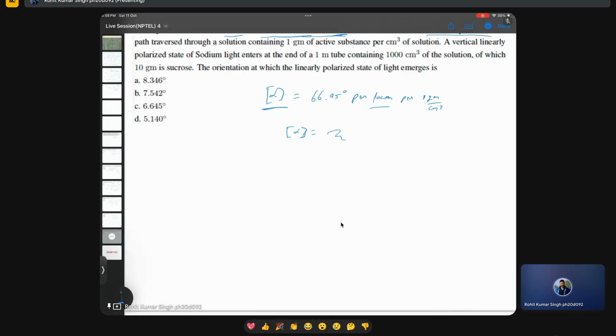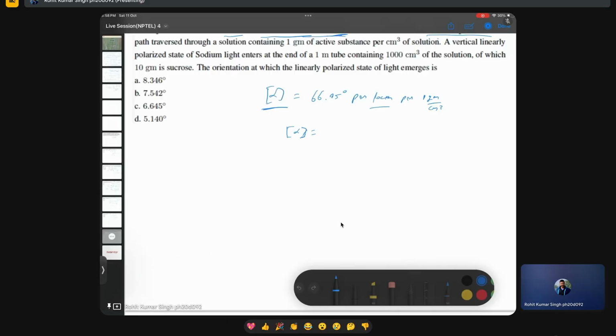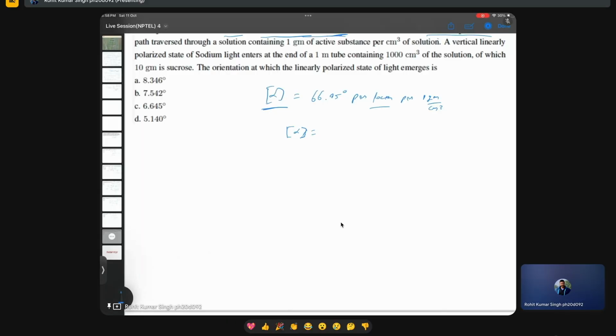Yeah, no, it's fine. So okay, we know the formula of rotation. It was this into length into concentration. So from here you can guess the SI unit of this specific rotation.